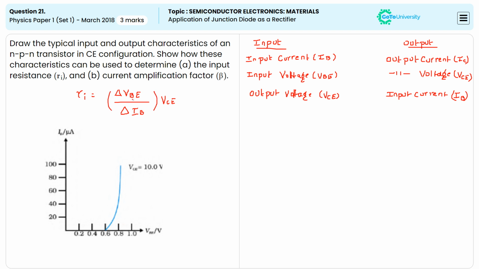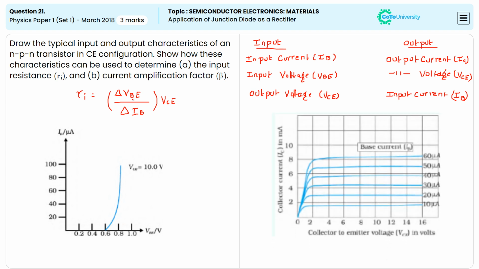And for the current amplification factor, we take the collector current in the y-axis and the collector-emitter voltage in the x-axis. Here there is a sudden rise in the beginning, and after a certain voltage, constant values can be observed.